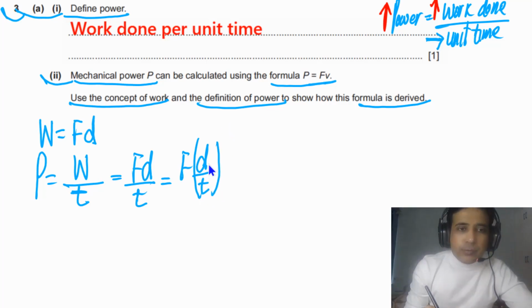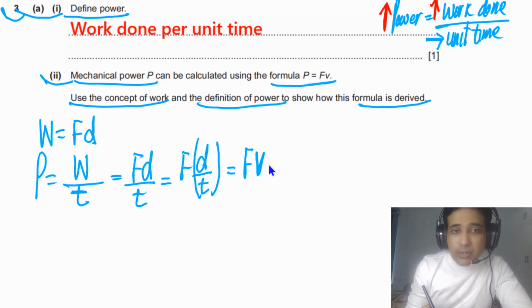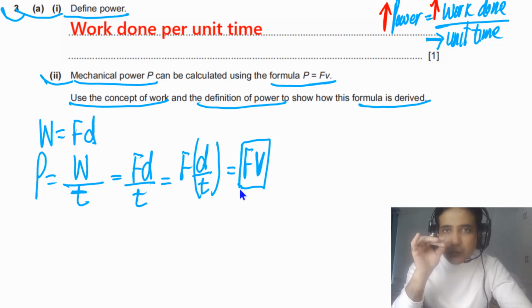So power is equal to force times velocity, or force times speed in this case. So this is what you need to do for the answer of this question. Simply say power is equal to force times speed.